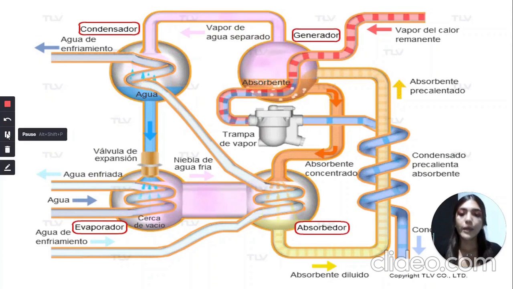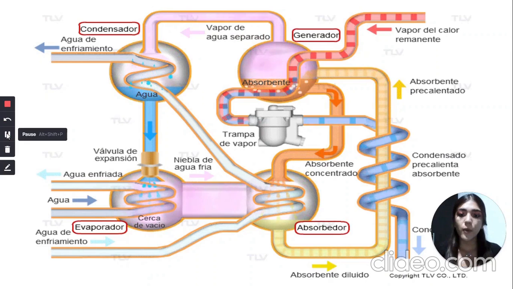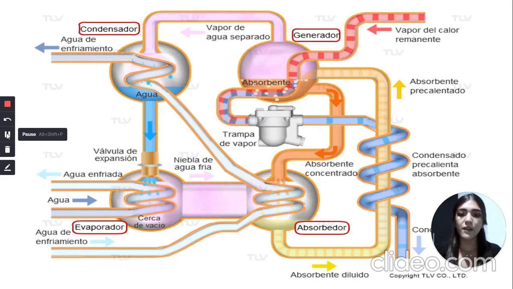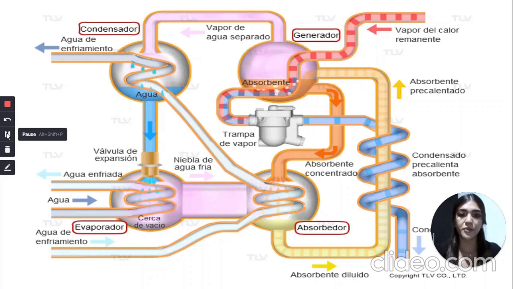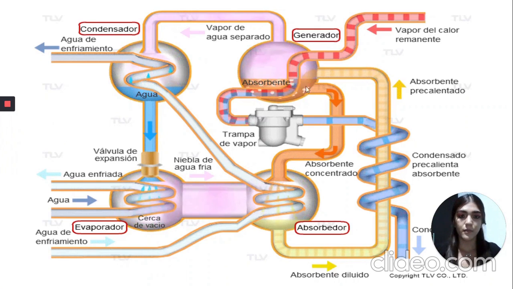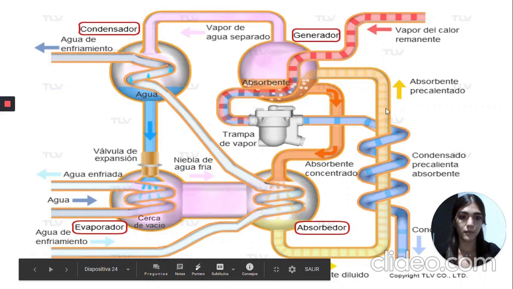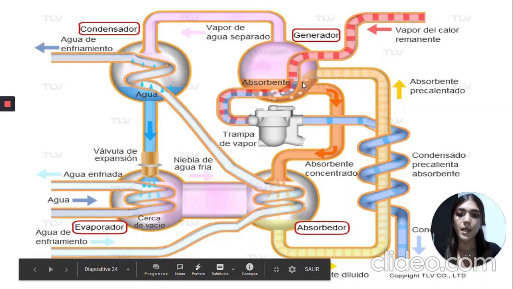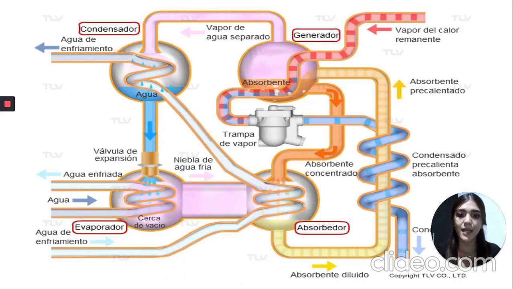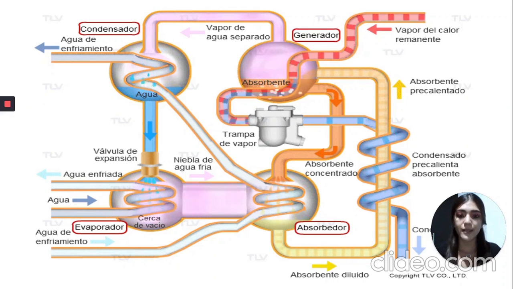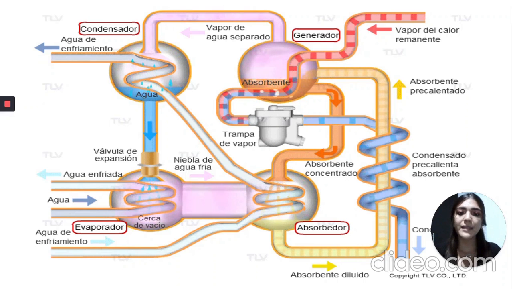Number 1, the diluted absorbent liquid is preheated with condensate as it travels from the absorber to the generator. Number 2, in the generator, the absorbent liquid is heated with steam, which causes some of the water contained in it to vaporize, making the liquid more concentrated.